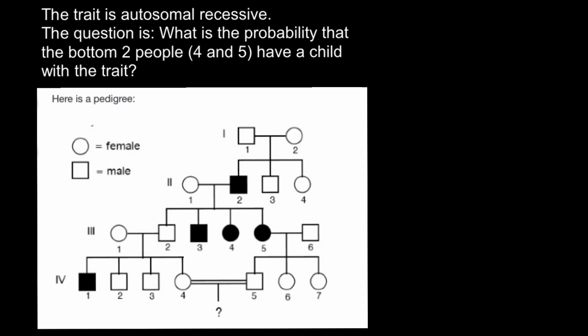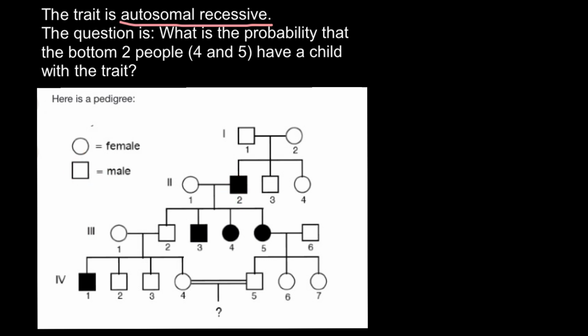So how are we going to solve this problem? First of all, let's start analyzing this pedigree from people in the first generation, number 1 and 2, and we are already told that this is an autosomal recessive genetic disorder, and it is very clearly seen here that person number 1 and person number 2 are phenotypically normal, but they have an affected child, and this is male.